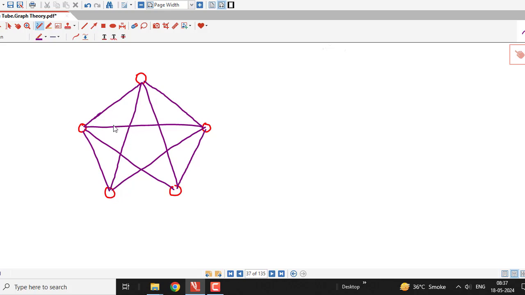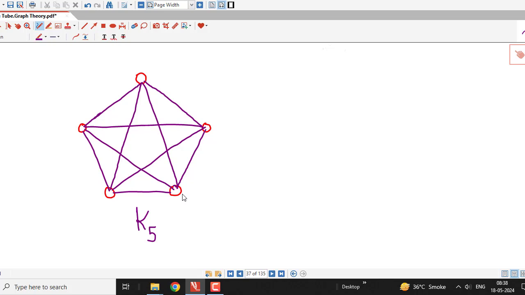Similarly, this is to be joined and I have to join these two. Now we can see that if we take any two vertices, they are joined by an edge. So this is the complete graph on five vertices. We have to take care that every vertex is joined by an edge with four vertices.